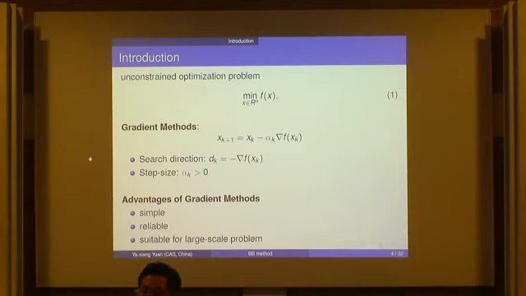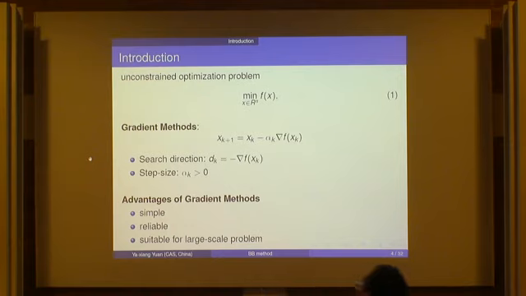You cannot afford to compute every term, so you choose one of them, which is stochastic gradient. But for this kind of algorithm, people have to choose a very conservative, very small step size to make sure the function is always reduced.